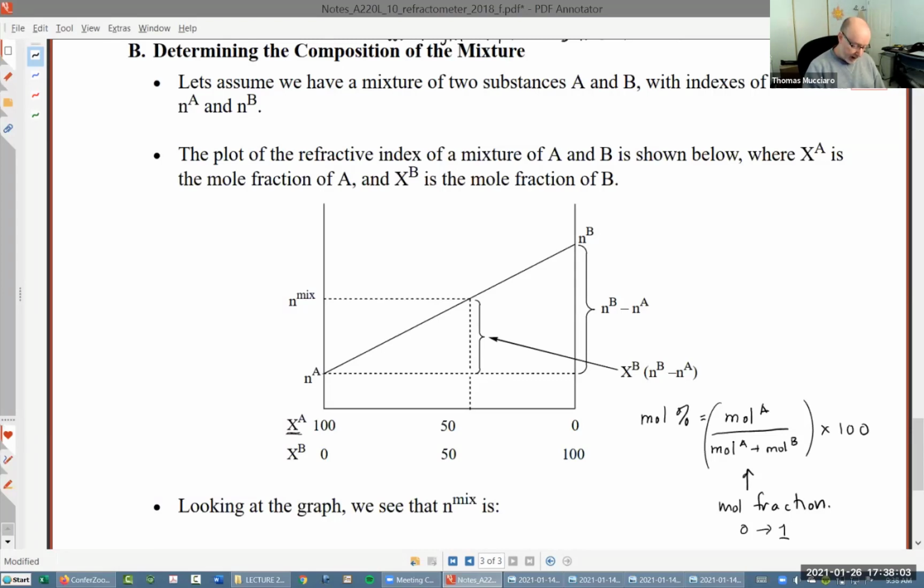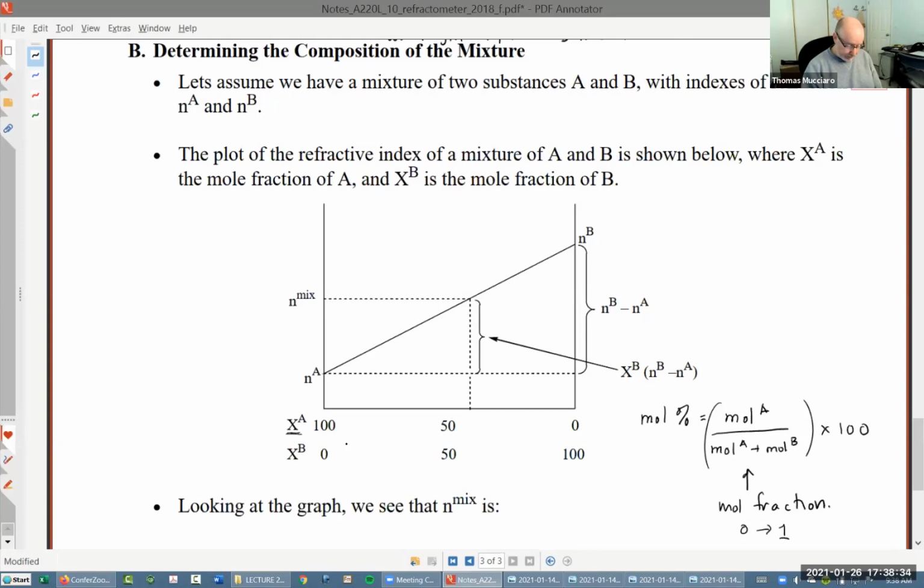And if I start adding in substance B, then the percent of A goes down, but the percent of B goes up by the same amount that the percent of A went down, so that they always add up to 100. On this side, I have 100% B, 0% A. And again, we've talked about how the mole fraction plotted along the bottom, for a binary mixture of two substances, covers every possible composition.